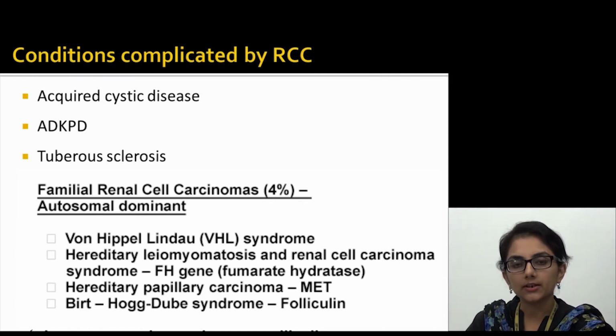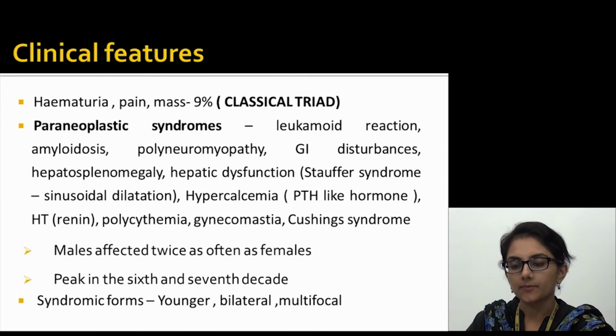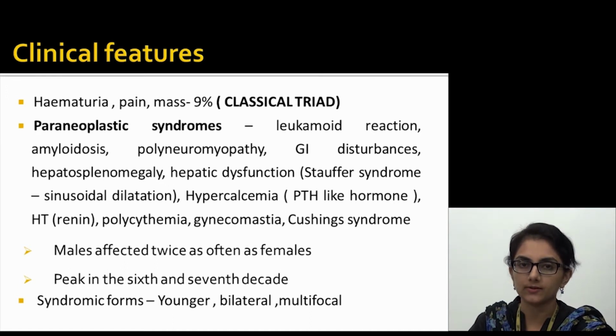So what are the important clinical features of renal cell cancer? There is a classical triad which is described of hematuria, pain as well as an abdominal mass, which is found in only 9% of patients. Hematuria remains the most common presenting feature in RCCs, and RCCs also can present with a lot of paraneoplastic syndromes, which is why it is called one of the greatest mimics in medicine.